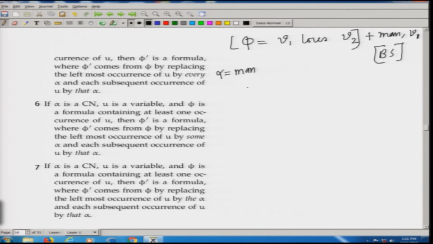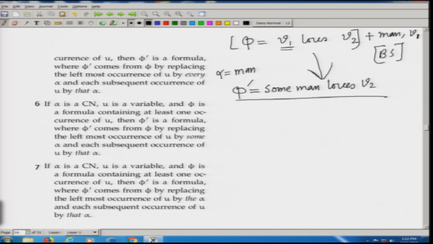What we get is then phi prime, which is nothing but, so V1 is the first occurrence, the leftmost occurrence, there is no other occurrence, so it does not matter. So then we are considering just the first occurrence of V1, we get some man loves V2, that is phi prime. So phi prime is derived from phi.